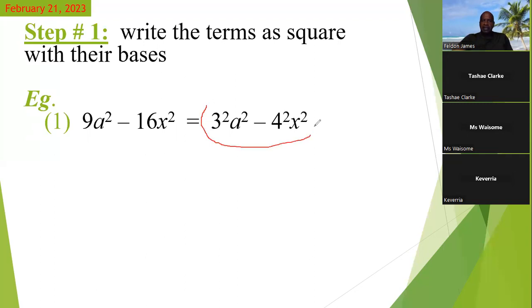Ignore the right-hand side of the equation for a little bit, and let's look at the left-hand side. This is the expression that you're given.